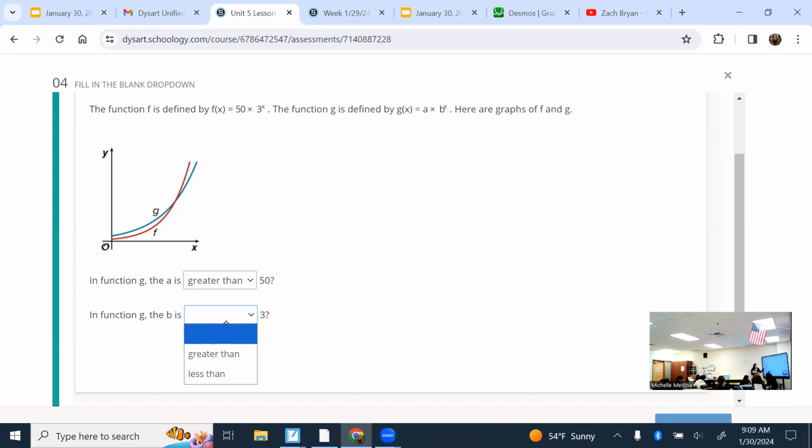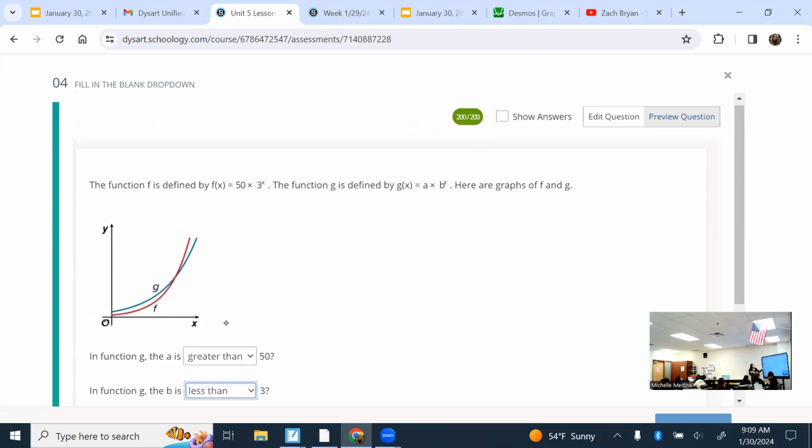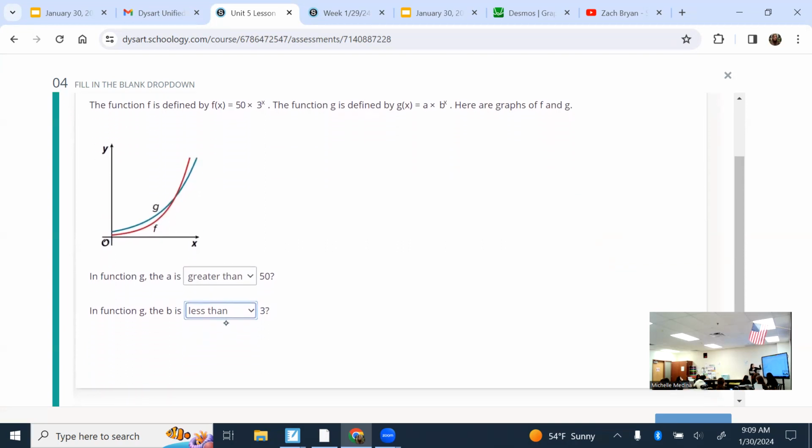I agree, the F. Even though G starts out higher than the F, at some point they intersect, and then the F continues to be greater. So that must mean that F is increasing by higher than what G is increasing by. Make sense? So for this one, I would say less than, and that is correct. That's how you can compare.